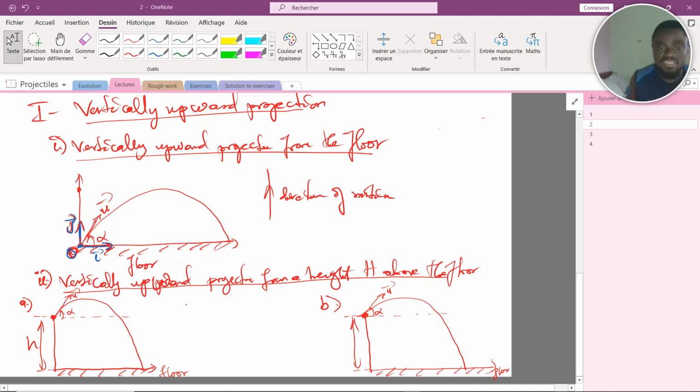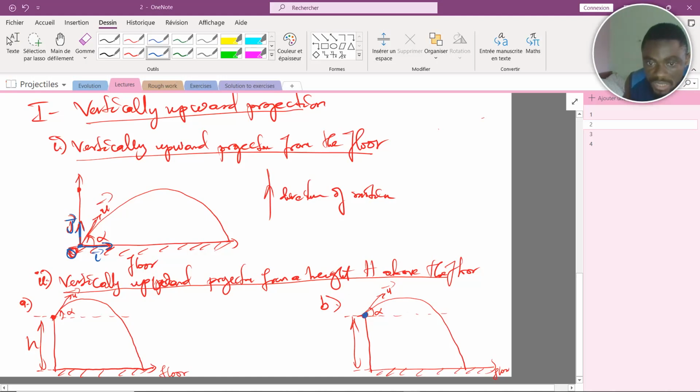So if we are in a situation where nothing was said about the point you should take as origin of reference, what I personally would take as origin of reference will be the point where it is projected.